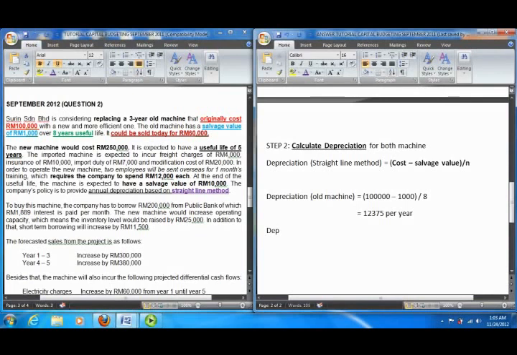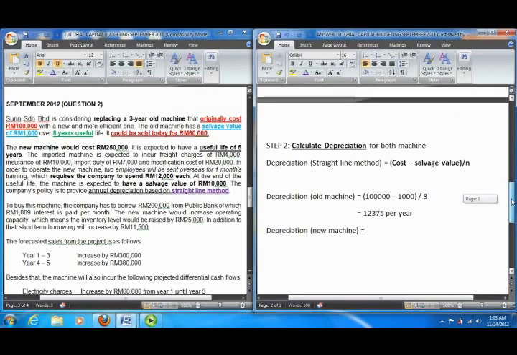Alright class, now you need to calculate depreciation for your new machine. So using the same formula, because the company policy is based on the straight line method, and the accounting concept also mentions we must use consistency.